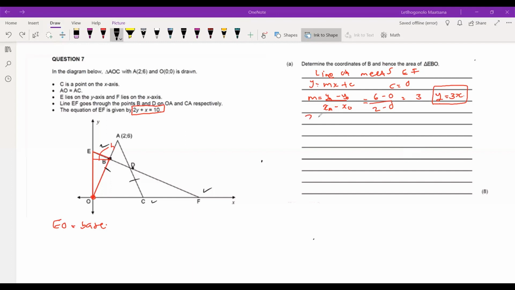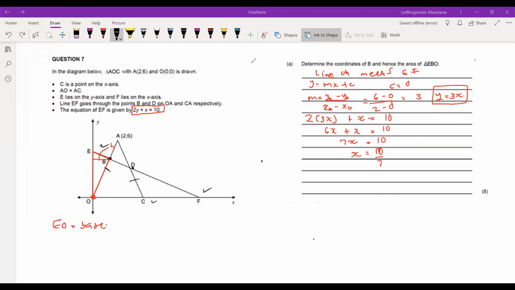So we'll have 3x plus, 2 times 3 gives us 6, plus x is equal to 10, and we'll have 7x = 10. Therefore, our x point is 10 over 7.